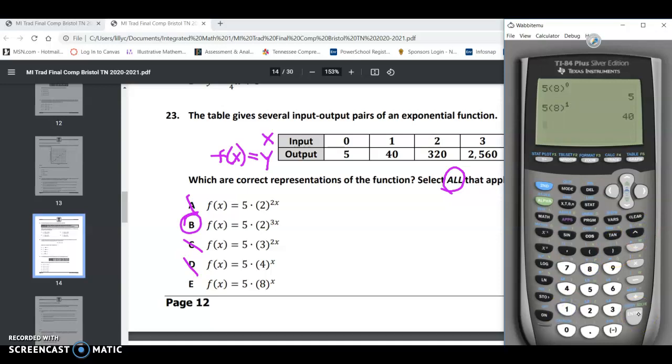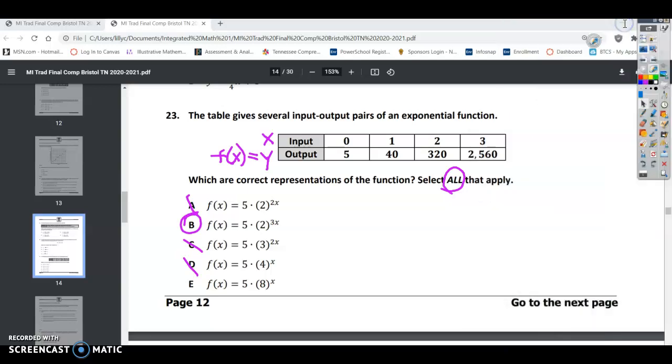That one works. 5 times 8 raised to the second power, 320. That one works. And 5 times 8 raised to the third power, 2,560. So you can see that that one works as well. All right, so for number 23, your correct answers are B and E.